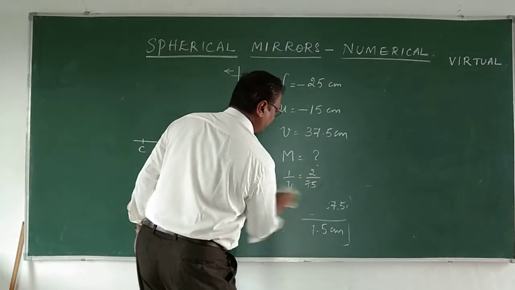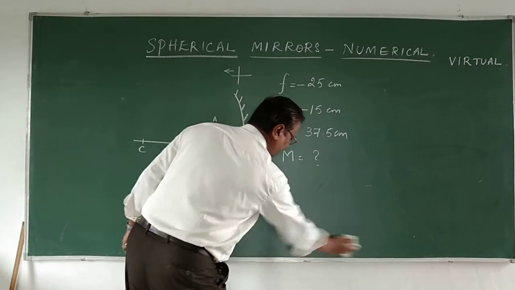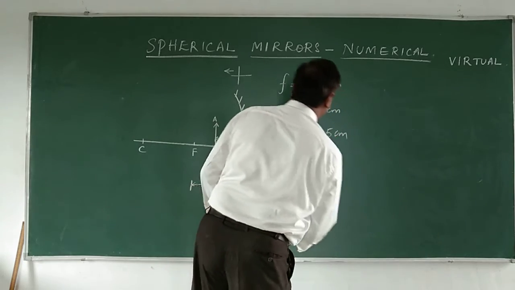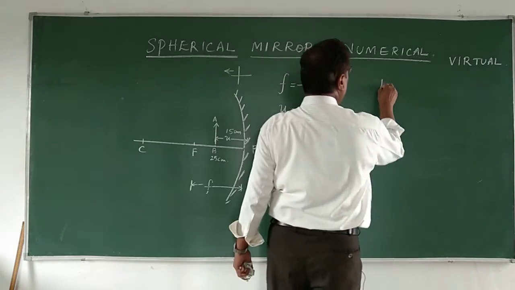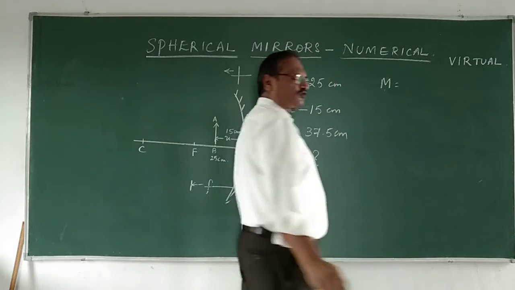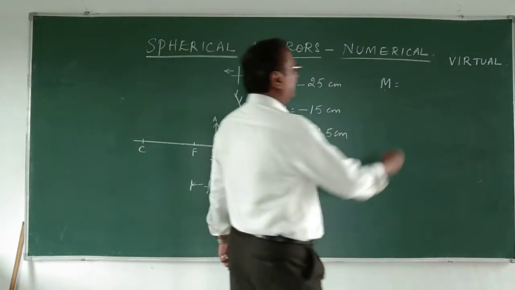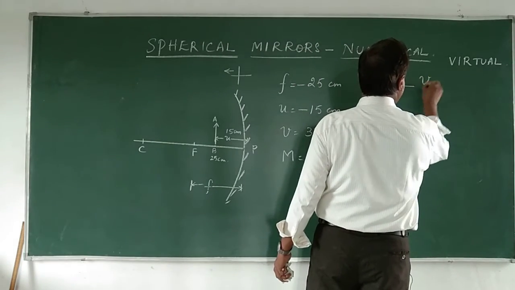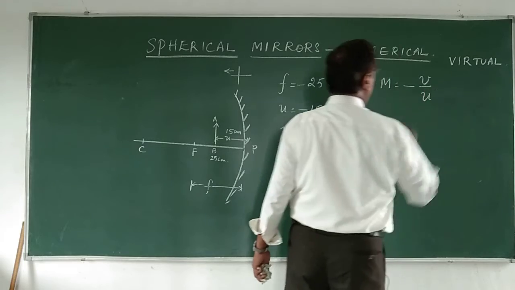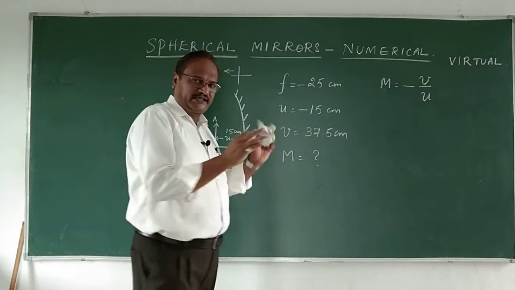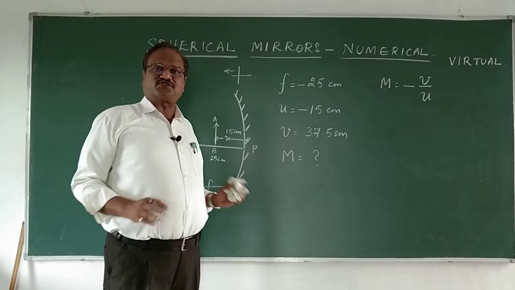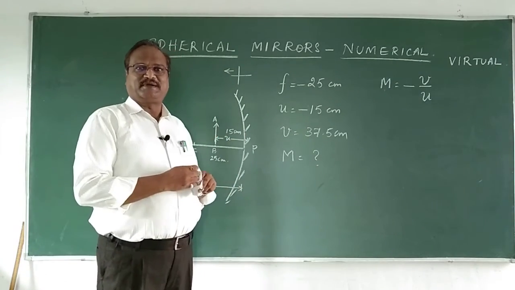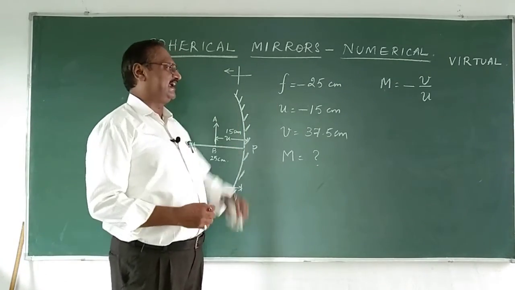All this data I have taken, so I don't need it anymore. Magnification for a mirror, whether it is convex or concave, is minus V by U, right? So you don't worry about it. It's a formula. In 12th standard we derive that, but in 10th standard you don't need that.